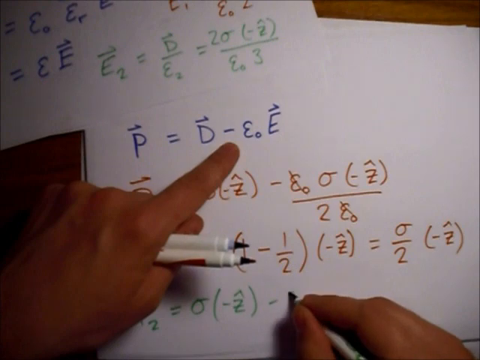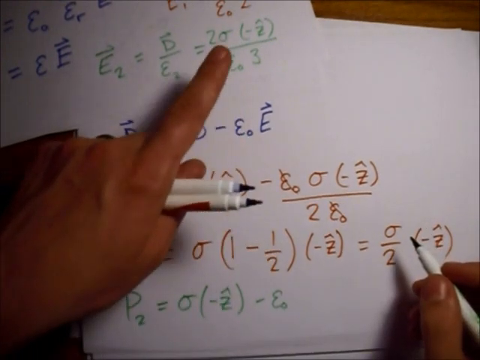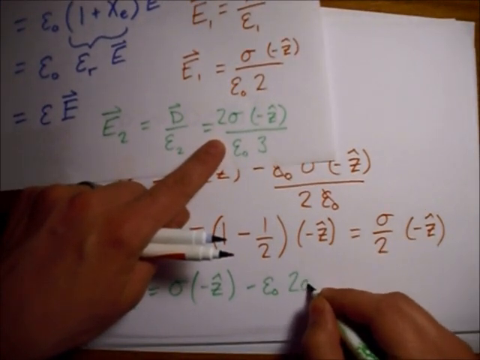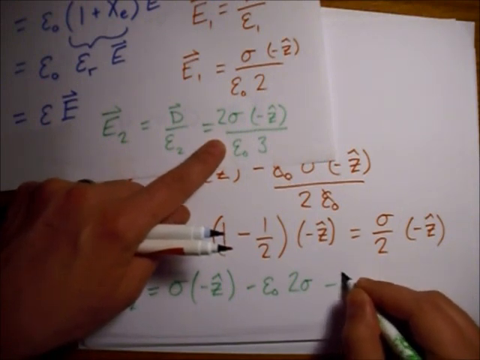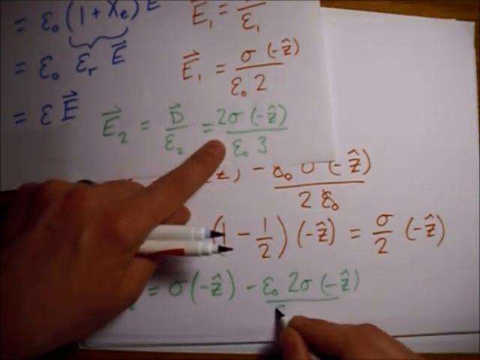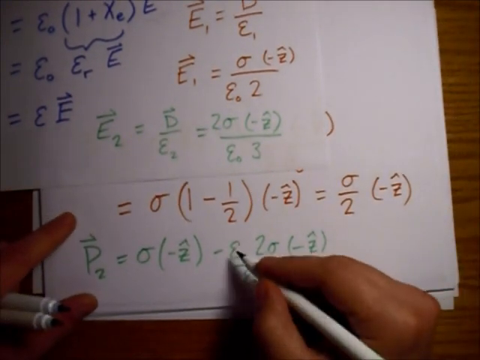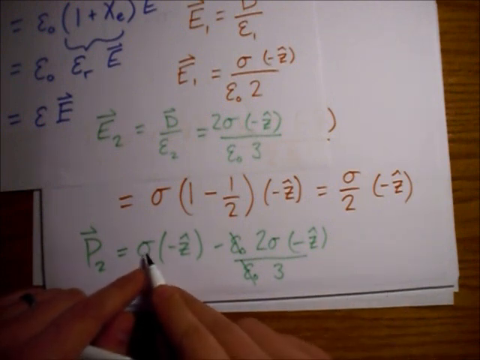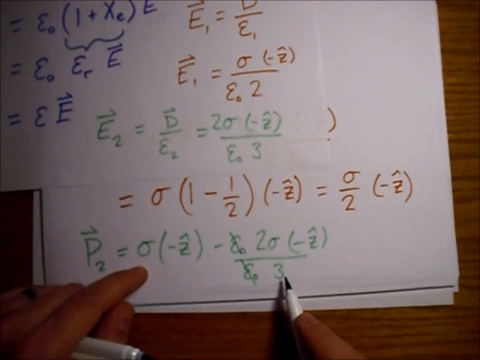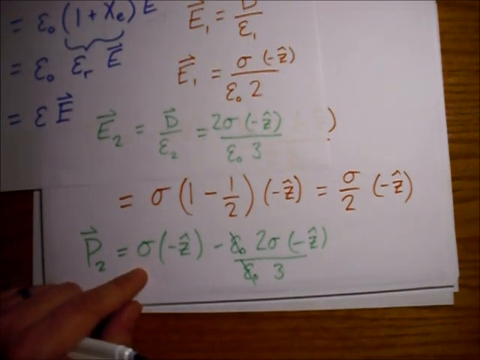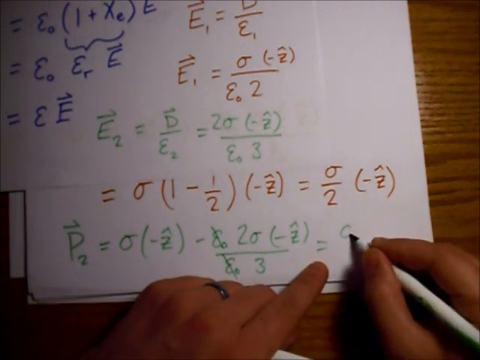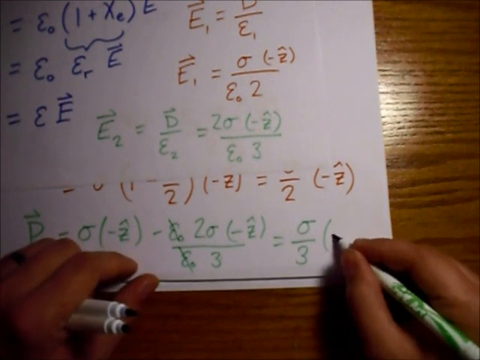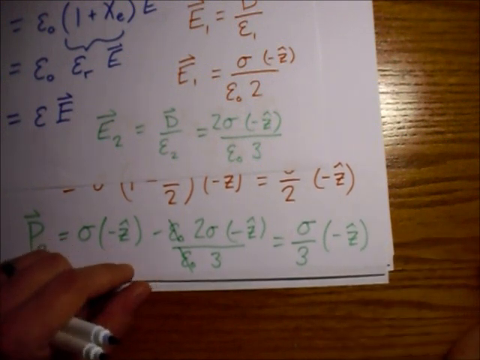And now we have a minus epsilon naught multiplied by this electric field now, which is a 2 sigma in the minus z hat direction over this epsilon naught and 3. These will divide out, of course. So basically we have 1 sigma minus 2/3 sigma. So just a 1/3 sigma left. So sigma over 3. And this is still in the minus z hat direction.